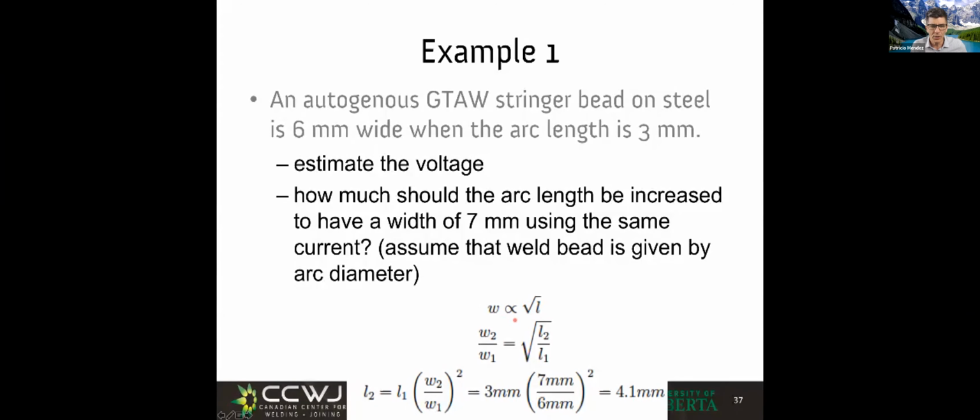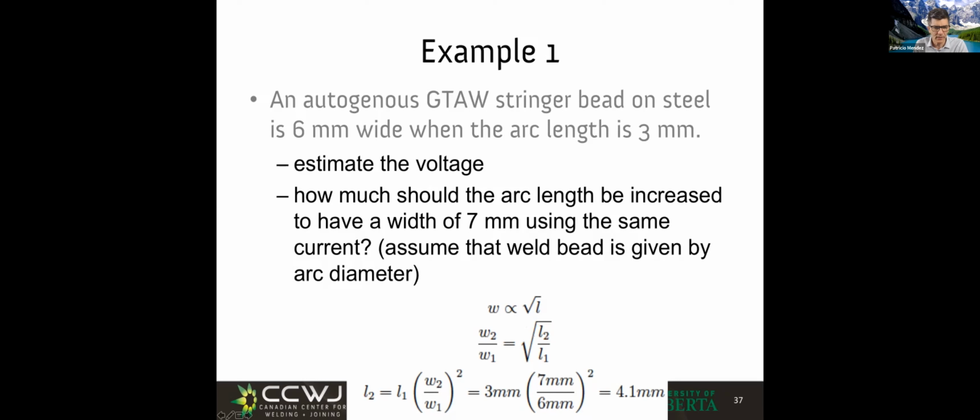Not exact again, but if I have two different arc lengths, L2 and L1, the widths of the arc, W2 and W1, would go like the square root of that. So I can calculate the new length of the arc by solving for L2 from this equation.